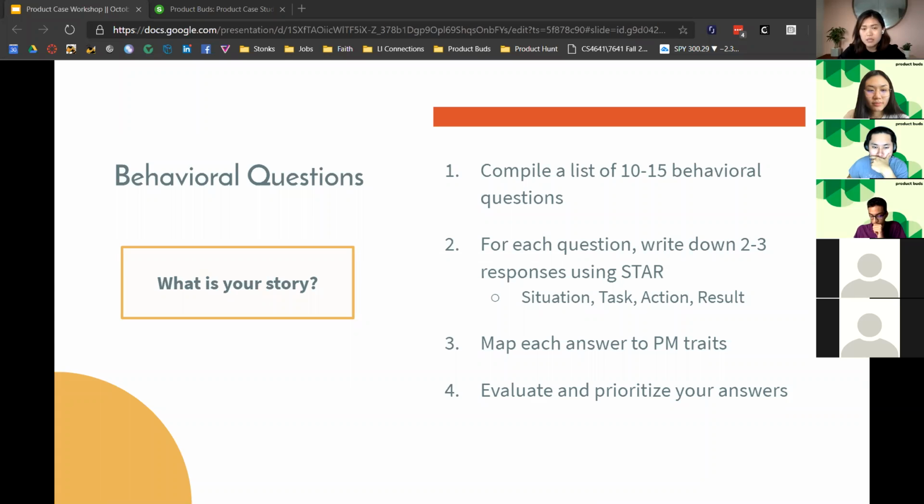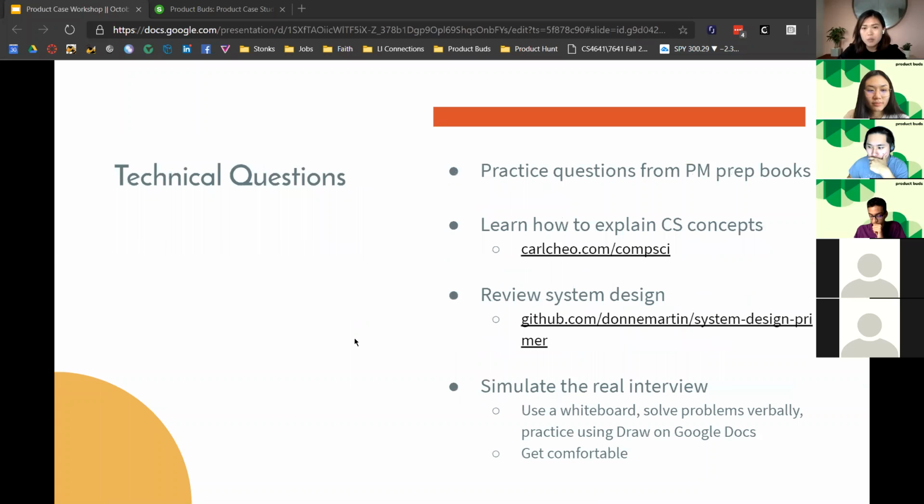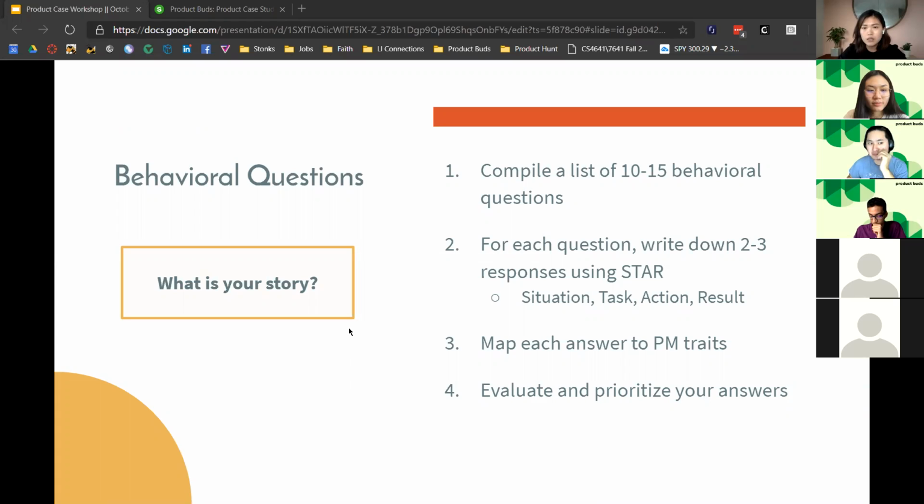Another tip is that what's important for these interviews is being able to convey who you are to the interviewer, right? That can be done through telling about your different projects and experiences, but really what you can do to take it a step further is tying all those experiences together. So look at your interview as a whole and think about what your story is.